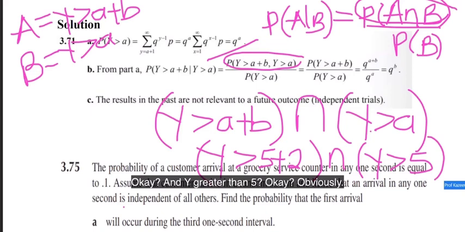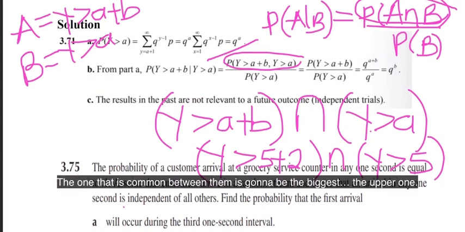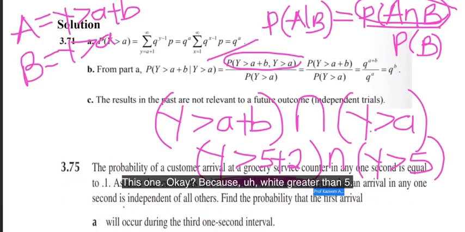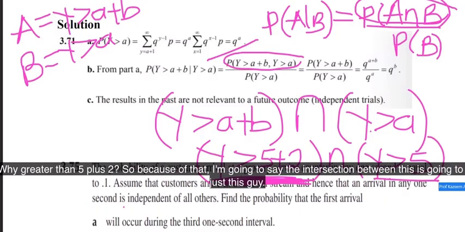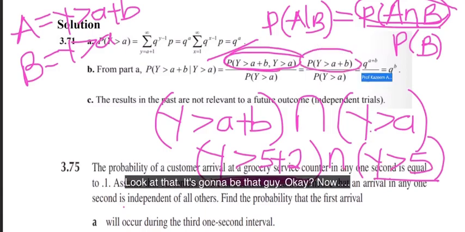Obviously, the one that is common between them is going to be the biggest, the upper one, this one, because y greater than 5 is also inside y greater than 5 plus 2. So I'm going to say the intersection between this is going to be just this guy.